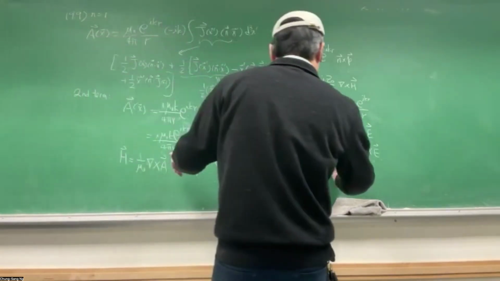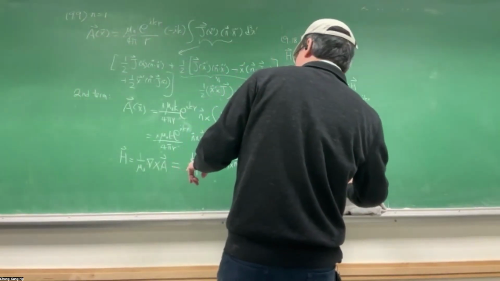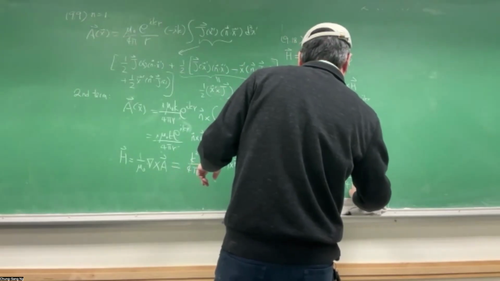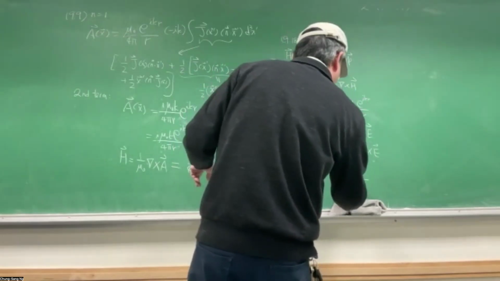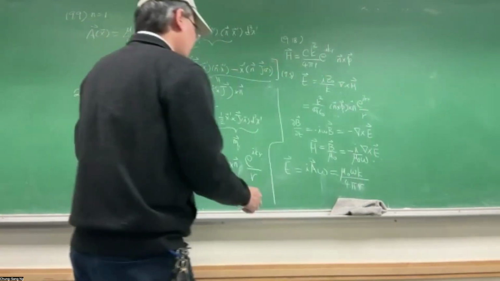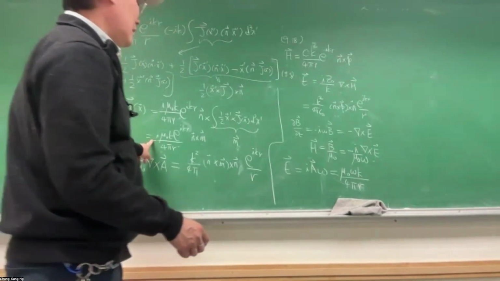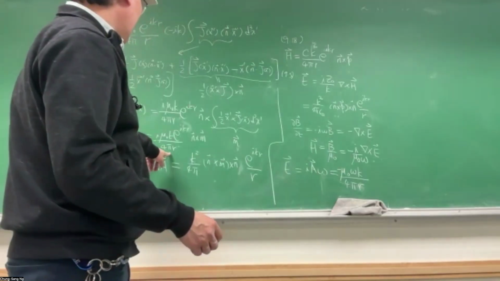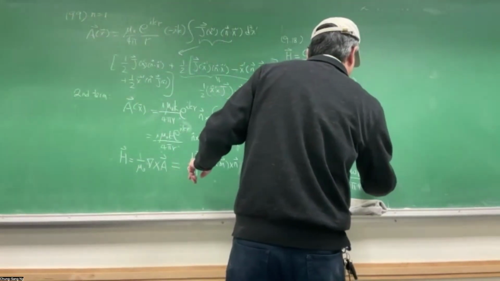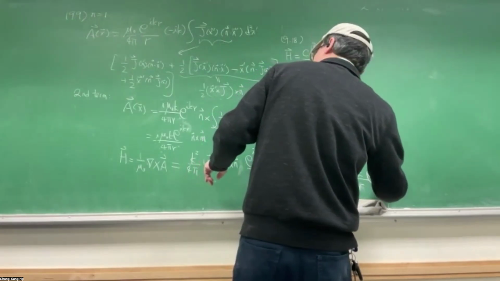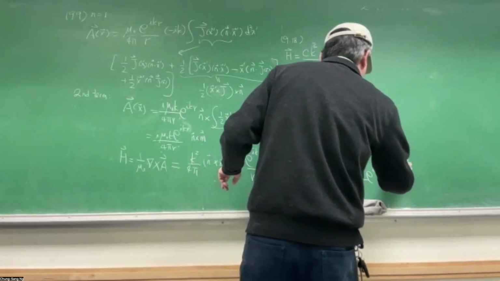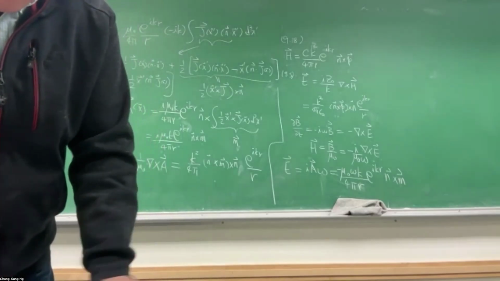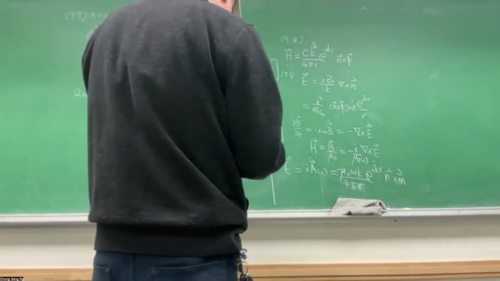That equals mu 0 omega k over 4 pi r, with a minus sign, and then the phase factor and n cross m. Okay, so that should be the first term in 9.39.